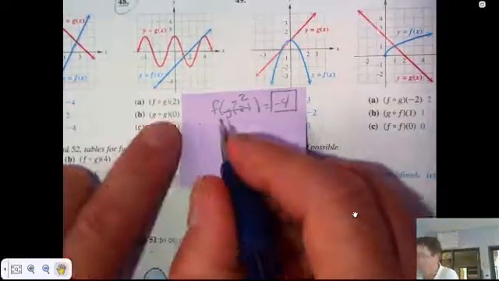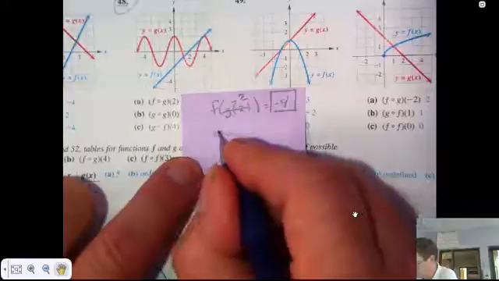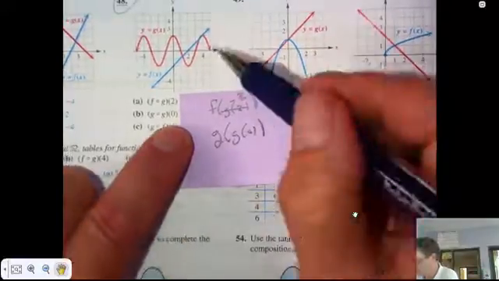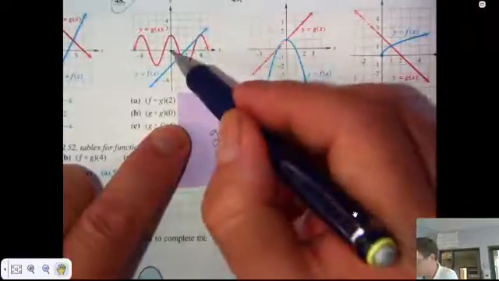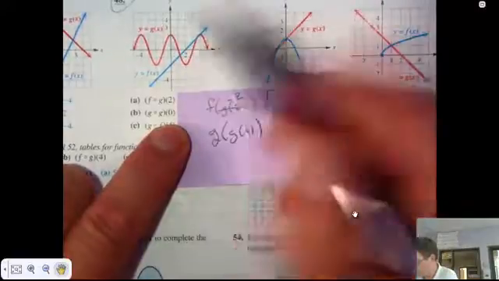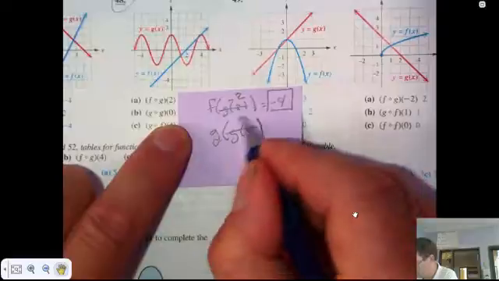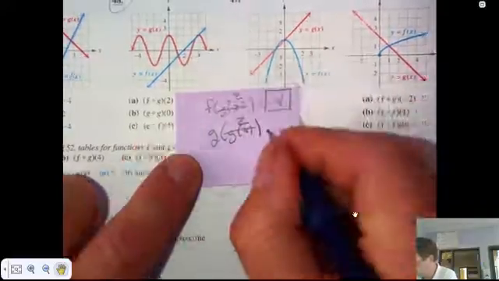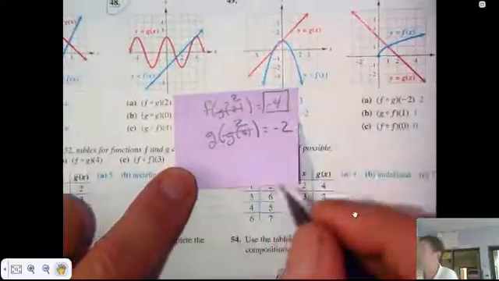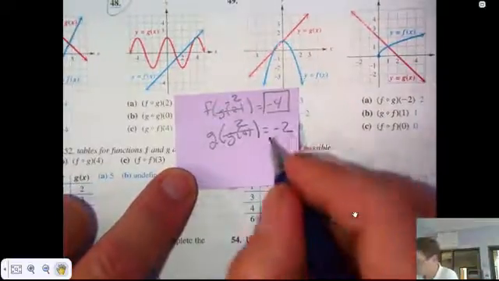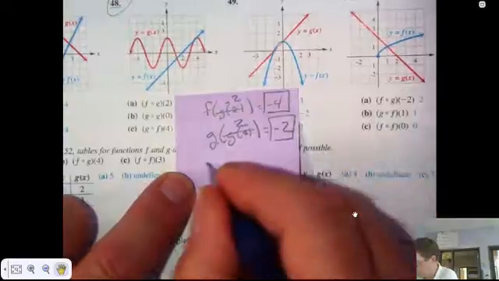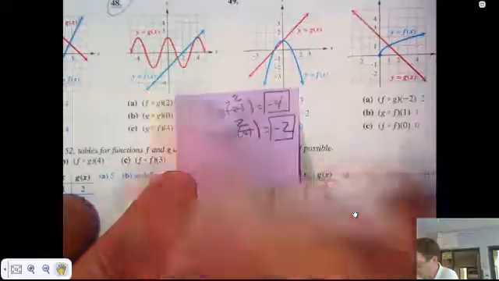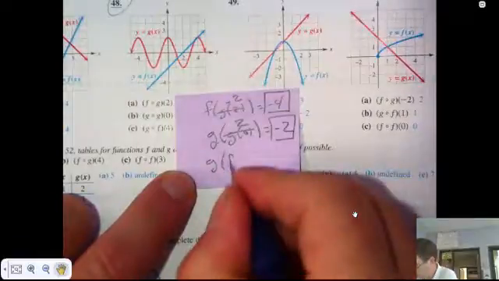Next one, g of f of 0. So g of 0 would be, so x is 0, g is 2. I'll cross this out, makes it 2. So now g of 2 is negative 2. G composed, well, I should do it like this, g of f of 4.